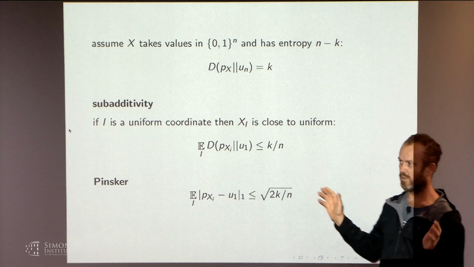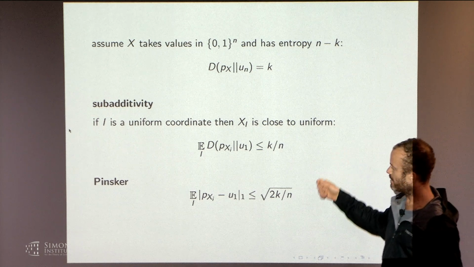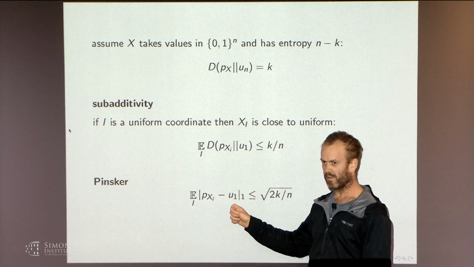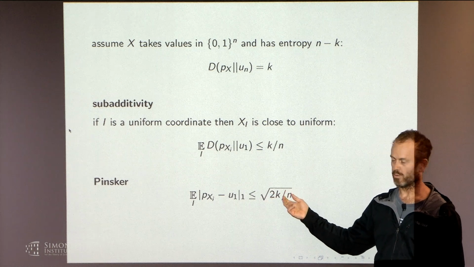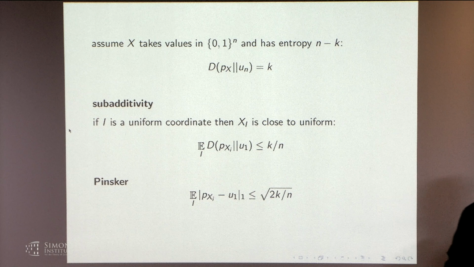This is the property of divergence that makes it most useful for us. And then if you use Pinsker, we can deduce that a random coordinate is almost uniform with this loss. When we go to L1, we lose this factor.